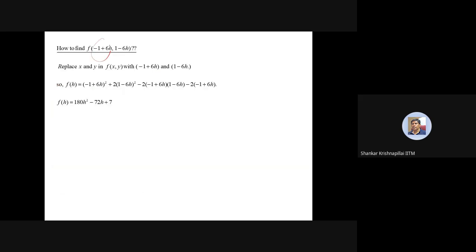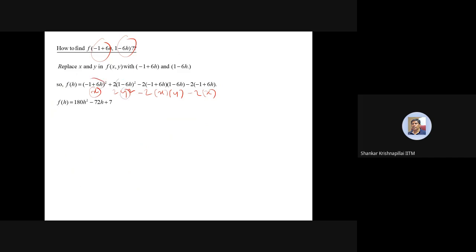Okay, so substitute these things. f of h is actually x squared plus 2y squared minus 2xy minus 2x. Wherever you see x, you put minus 1 plus 6h squared.